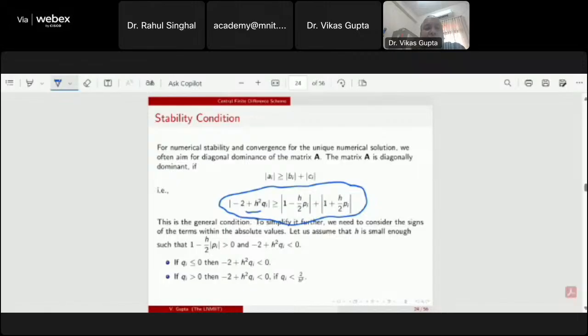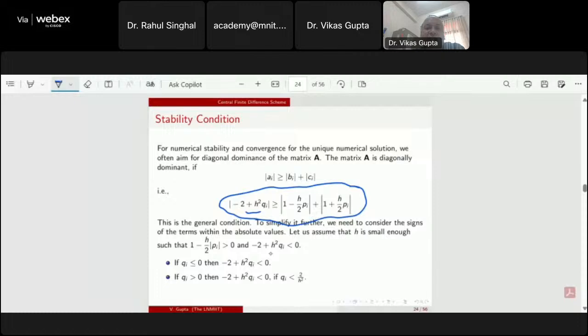Note that if qi is less than or equal to 0, then of course minus 2 plus h square qi will definitely be negative, because minus 2 is a negative term and h square is positive.